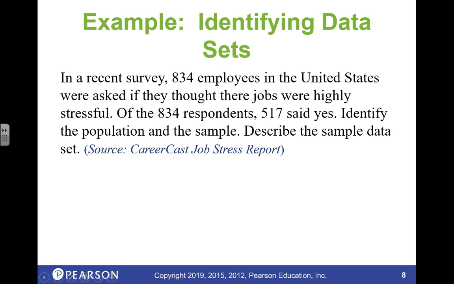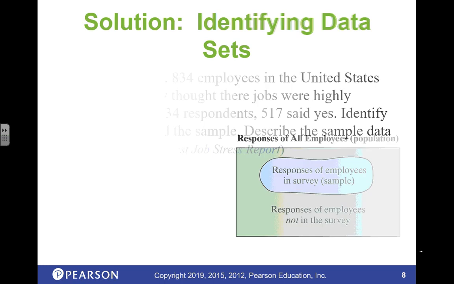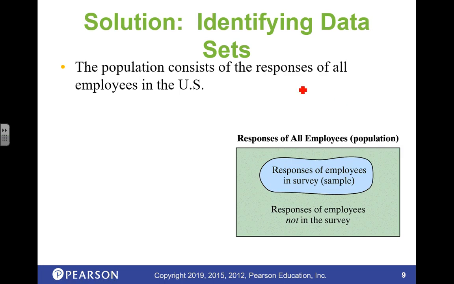So here's an example. In a recent survey, 834 employees in the United States were asked if they thought their jobs were highly stressful. Of those 834 respondents, 517 said yes. Identify the population and the sample and describe the data set. So for us, instead of the responses, we're going to consider all employees to be the population.